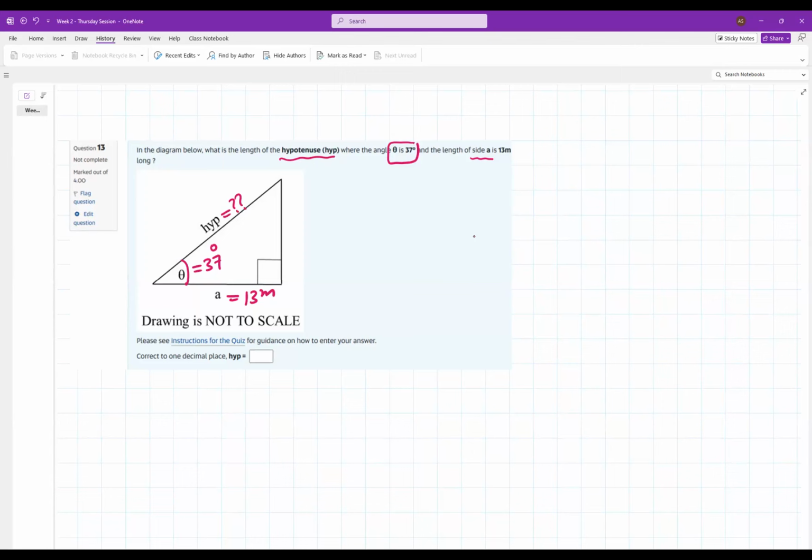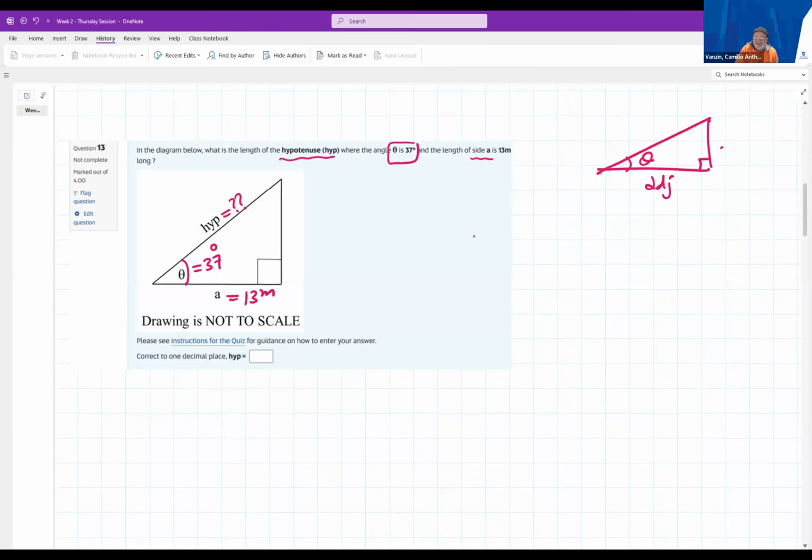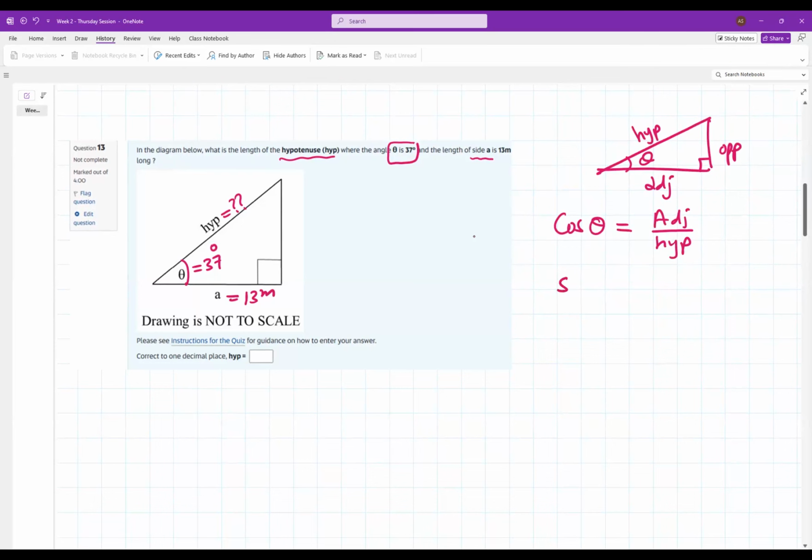I will remind you, if we have a triangle, we have adjacent, opposite, and hypotenuse, right? The function cosine equals the adjacent of the angle over the hypotenuse, right? What is sine? Opposite over hypotenuse, right?